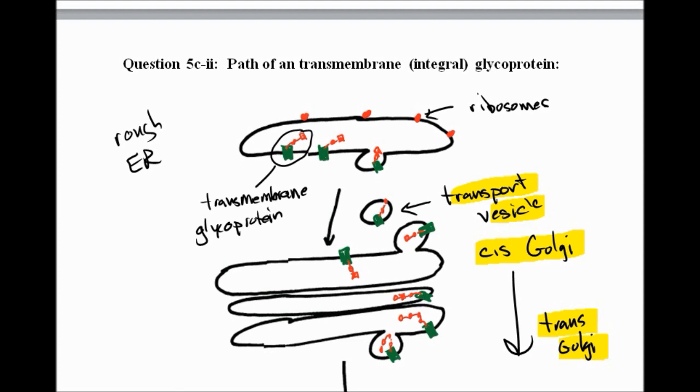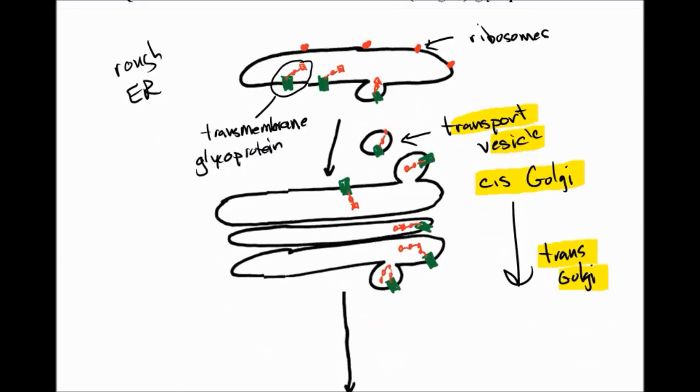The transport vesicle then fused with the cis face of the Golgi. This immature glycoprotein then matures by the time it reaches the trans face of the Golgi by cisternal maturation. And this mature protein has its mature carbohydrate additions on it.